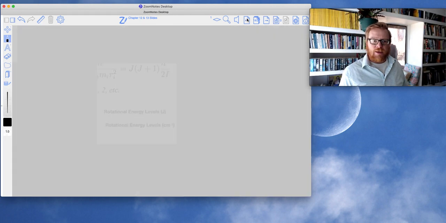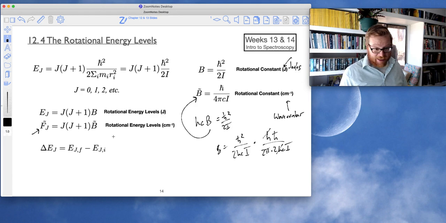And so, of course, to get an actual energy level diagram, what we recognize in spectroscopy is going to be the difference in energy levels, and that difference will be given by E J final minus E J initial.